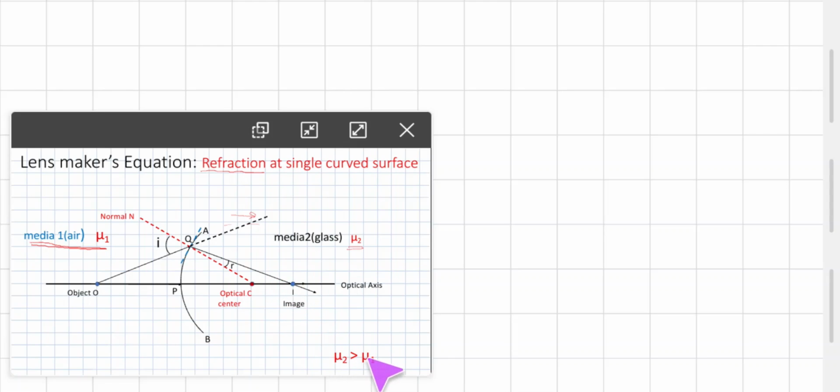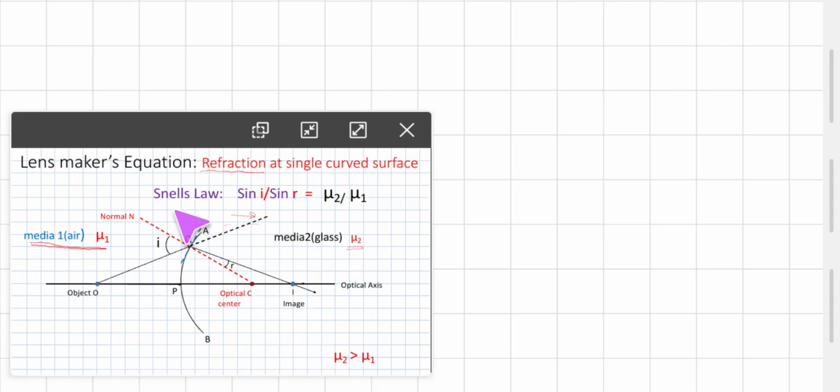Note that mu2 is greater than mu1. Here this is point Q, this is the normal to the surface, and the incident ray is coming to point Q. So this is the angle of incidence. The refracted ray makes an angle r to the normal, and that is the angle of refraction.